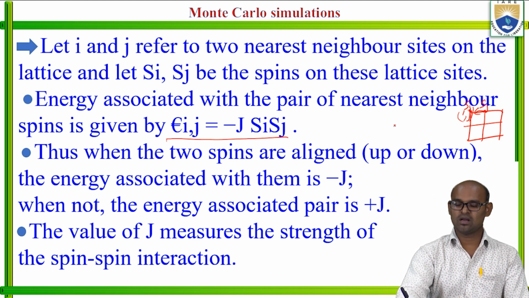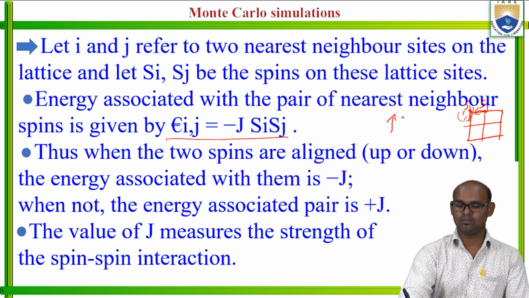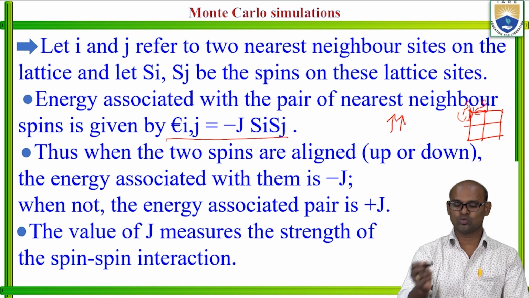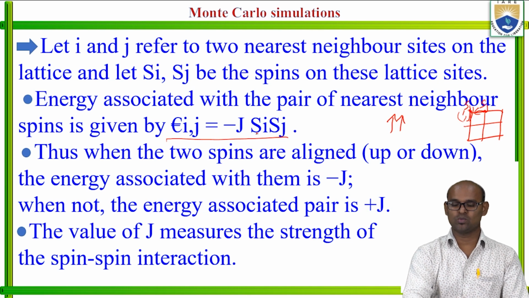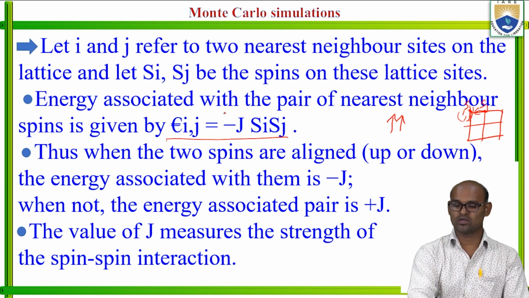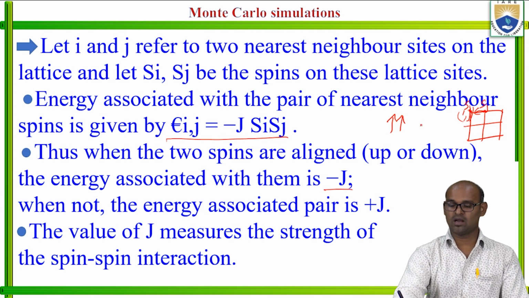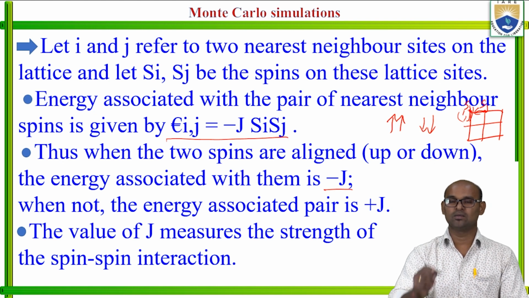Let me take two spins: S_i is +1 and S_j is also +1, so 1 times 1 is 1, and that gives -J. If both are oriented down, -1 times -1 is +1, so again I get -J.